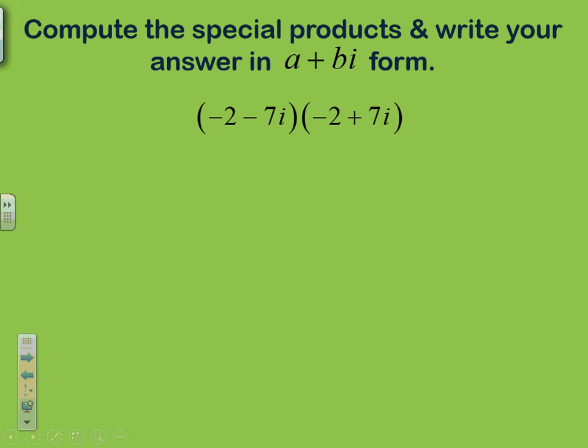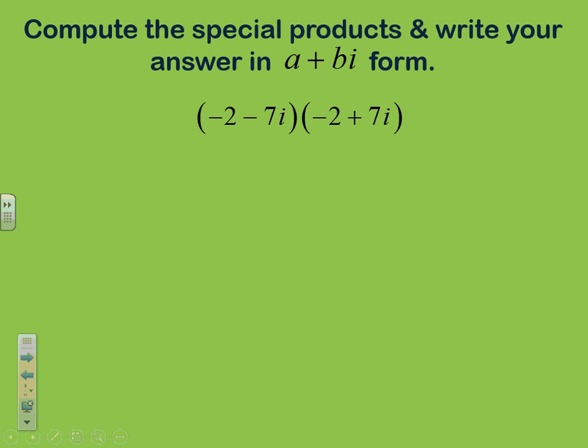So here we have an example that's written strictly in its complex conjugate form already, where we're given negative 7i, so its conjugate would be the positive 7i. In this case, I'm going to go ahead and, again, FOIL it out one way and then use the rule the other way, just for anybody that needs to see it.